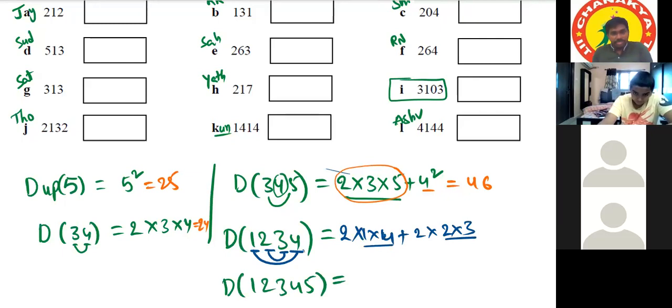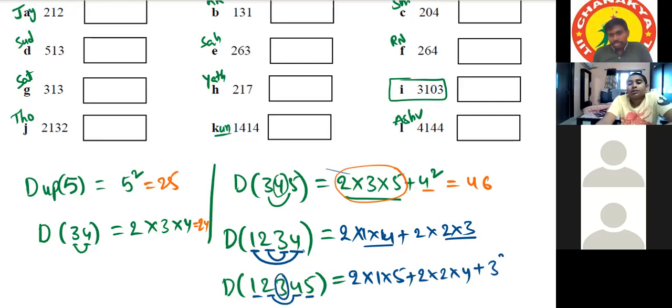Wait. Toshnika, try to do it. So first we need to take the end numbers and multiply them with 2. 2 into 1 into 5 plus 2 into 2 into 4. Okay. And then 3 square. Very good. Correct.